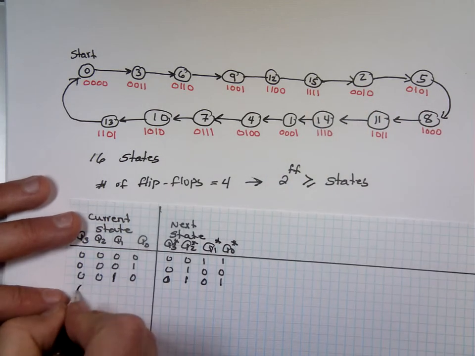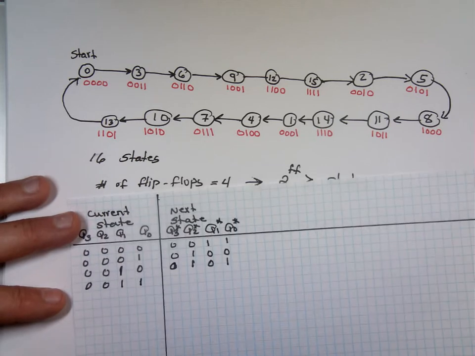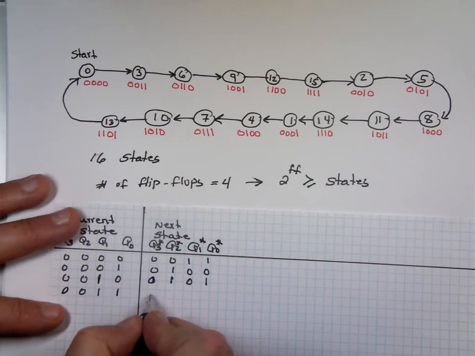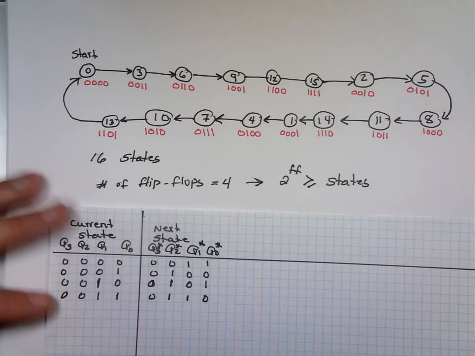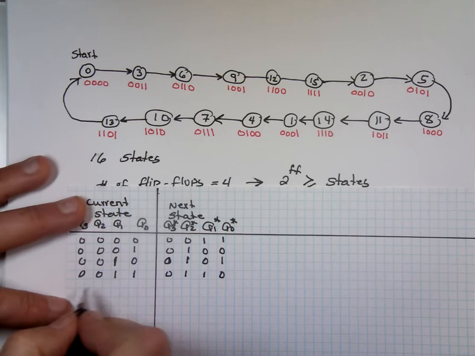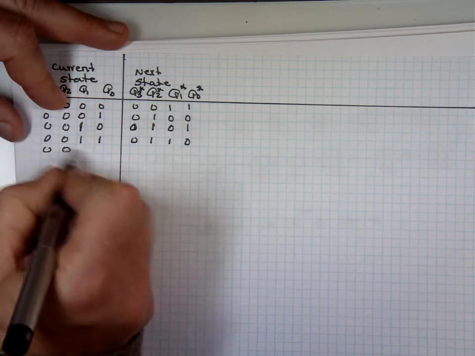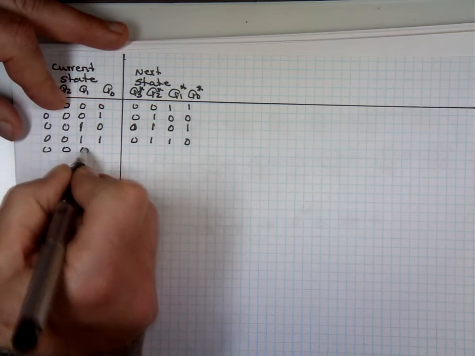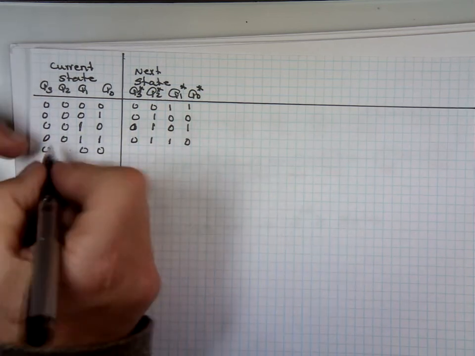If you are 3, the clock comes in, add 3 to it, that's 6. And we'll keep going with that. If you are state 4, oh, I need to put a 1 here, not a 0. That's state 4.